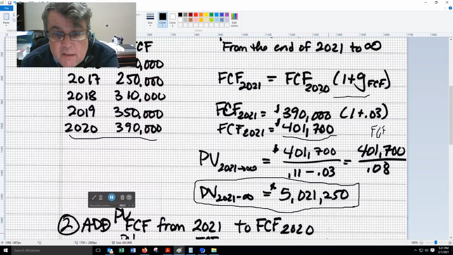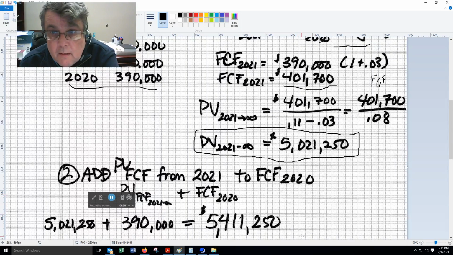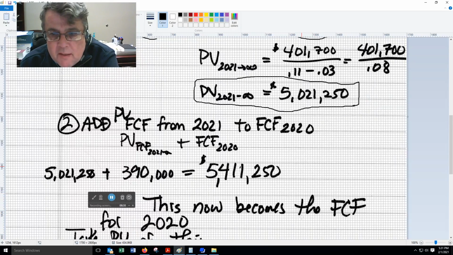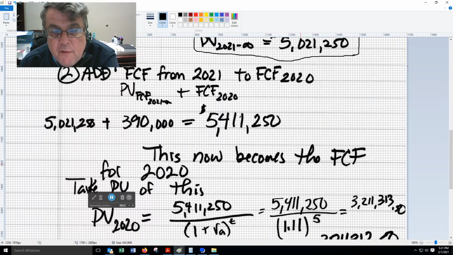This is the present value of those future earnings in 2020, but we're in 2016. So we have to take the present value of the free cash flows from 2020 and add them to the present value in the year 2020 of the free cash flows from 2021 on into infinity.